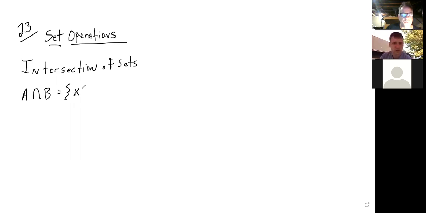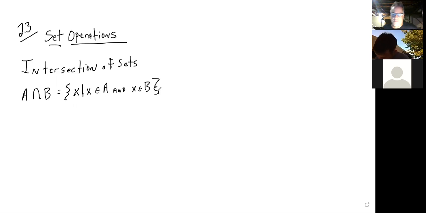In set builder notation, we want all elements X such that X is an element of A, and this is the key word, and X is an element of B. It's everything that is in A and B. So to be in the intersection, you have to be in both sets.